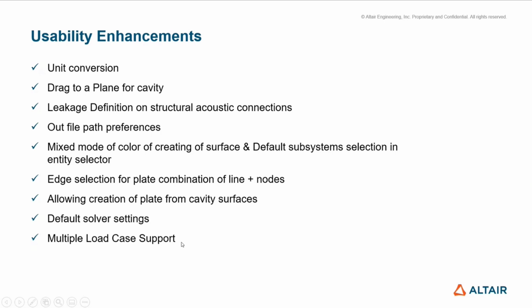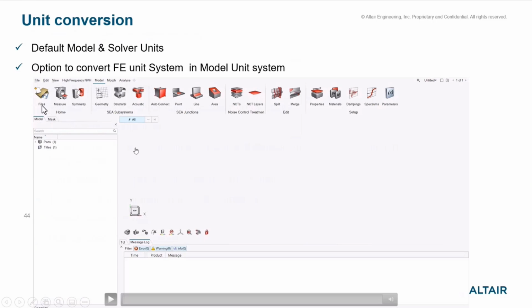I'll try to go over a few based on the time. To start with, the current units between the low frequency and high frequency always have a difference. Most of the time, based on the measurements, they want to maintain one unit system, and generally in low frequency FE we maintain 10 mm/second.